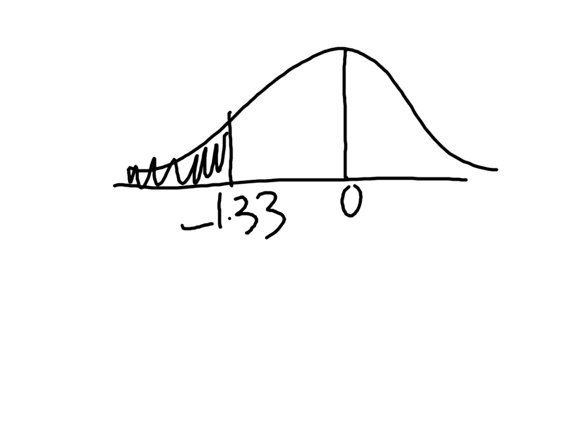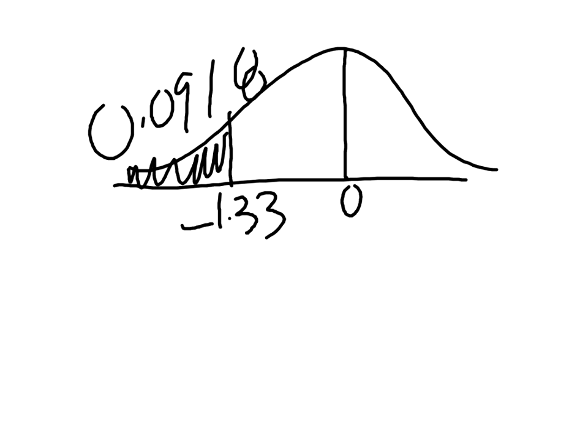Now, let's find this decimal, and the book has done it for us, and we'll take their word for it. They say that that area represented is 0.0918. Well, you know what? That's about 9%.